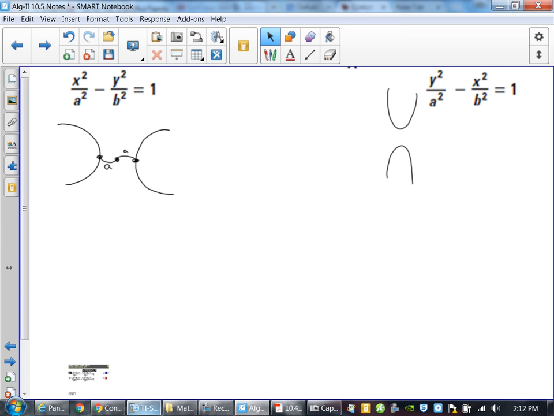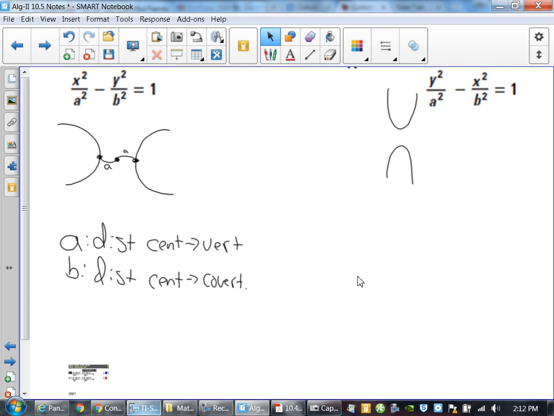The b value is something that I still call the co-vertex. So a is going to be the distance from center to vertex. B is the distance from the center to the co-vertex.